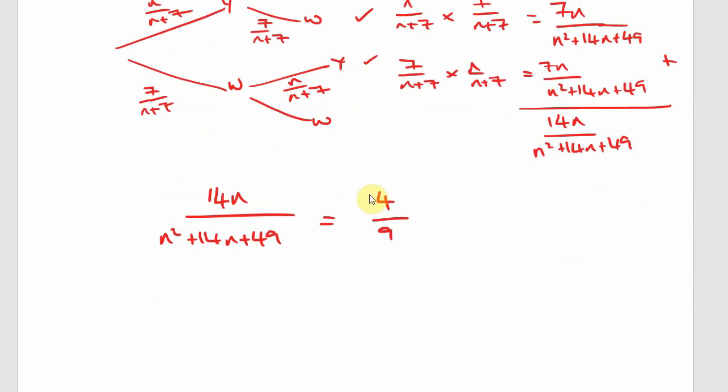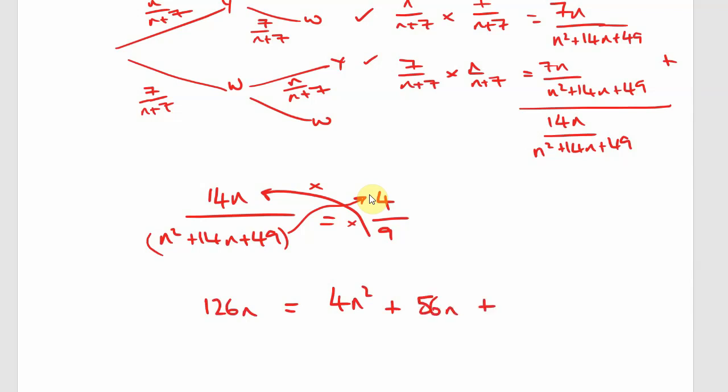So then I want to cross multiply, so times 9 by 14n and times all of this by 4. So 9 times by 14 is 126n, and that'll be 4n squared plus 4 times 14, 56n, plus 4 times 49, 196.